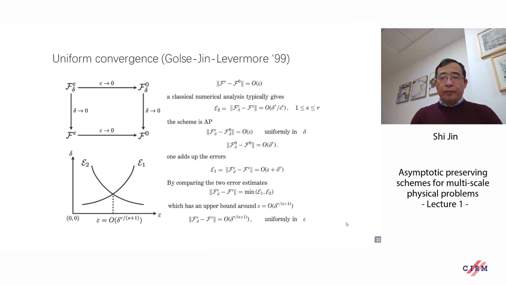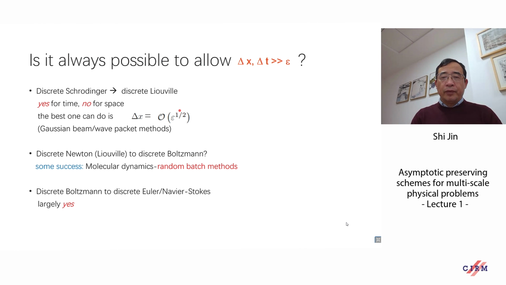And what you want to achieve is that when epsilon is very small, you can take a mesh size and time step which is much larger than the small scale. Remember, last time I talked about three limits: from quantum to classical, from classical to kinetic theory, from kinetic equation to fluid equations.